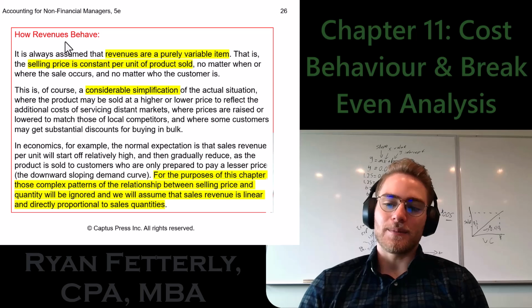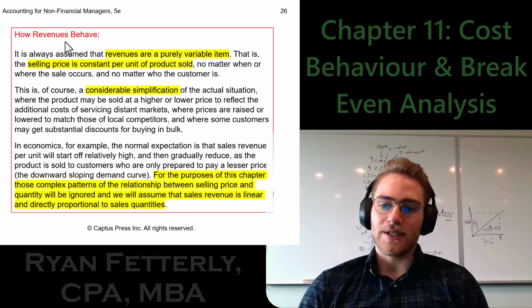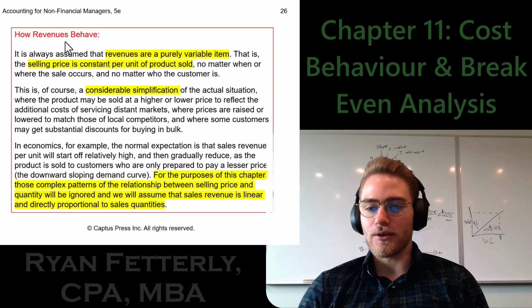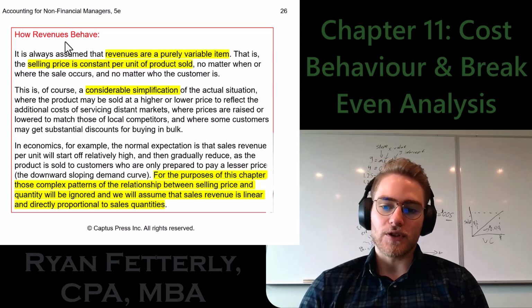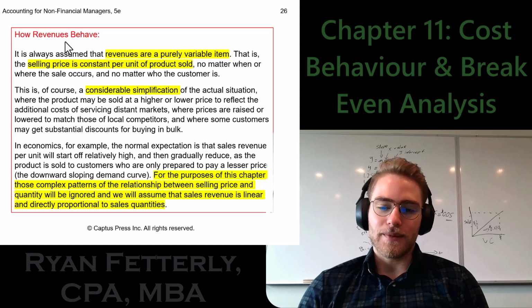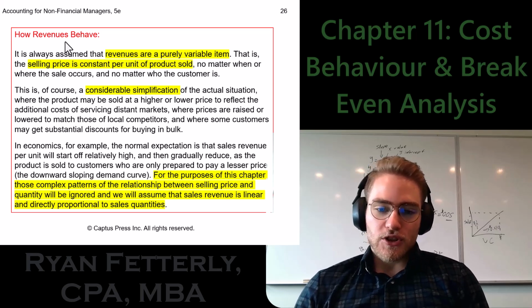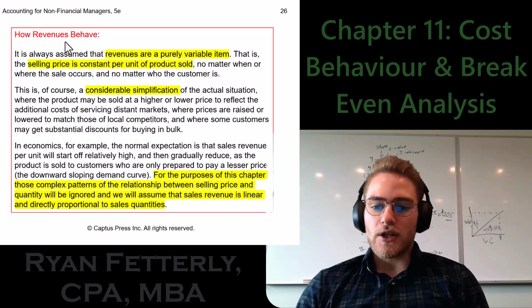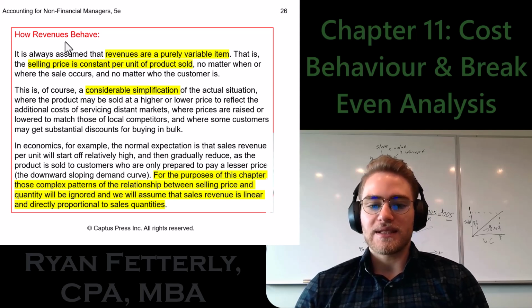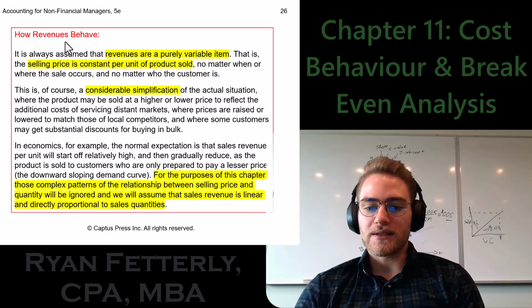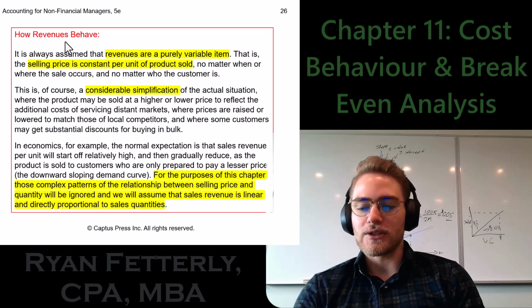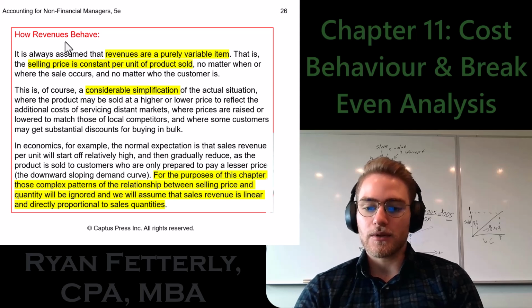It's a considerable simplification, right? In the actual situation, products may be sold at a higher or lower price to reflect the additional cost of servicing distant markets. If you have to ship further, you may raise your costs as well. So in economics, for example, the normal expectation is that sales revenue per unit will start off relatively high and then gradually reduce as the product is sold to customers who are only prepared to pay a lesser price, right?